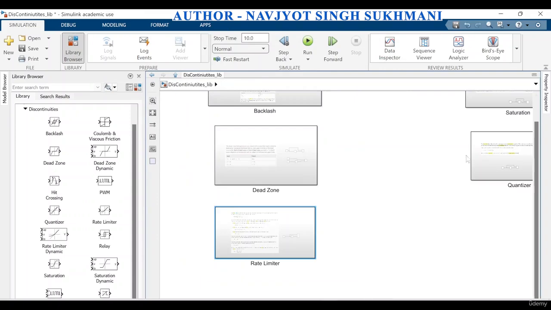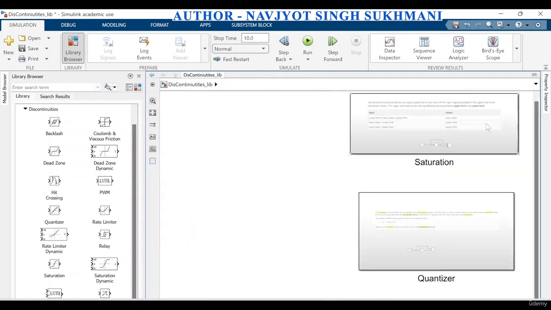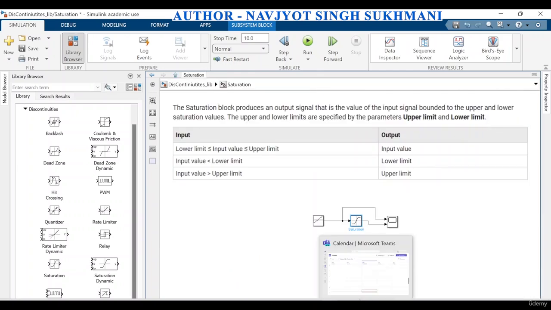Okay, so the next block is saturation. Saturation is very important. The saturation block produces an output signal that is the value of the input signal bounded to the upper and lower saturation values.